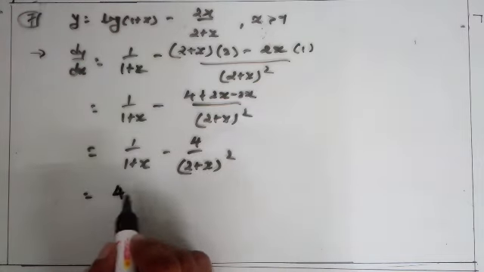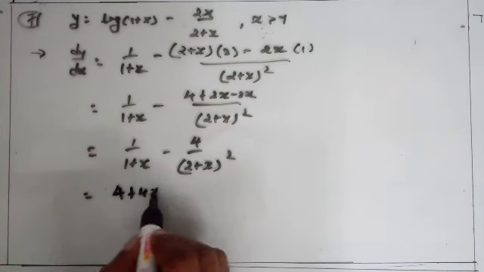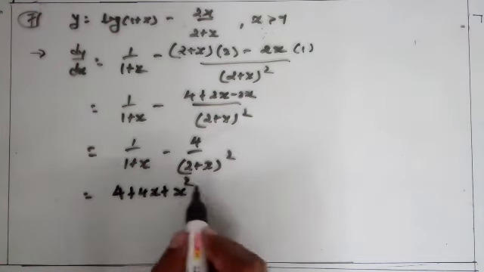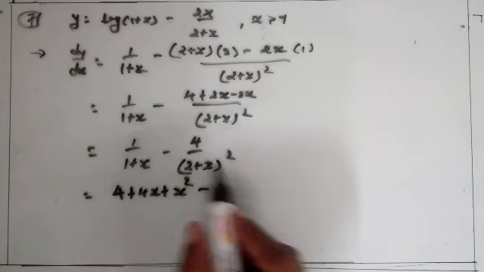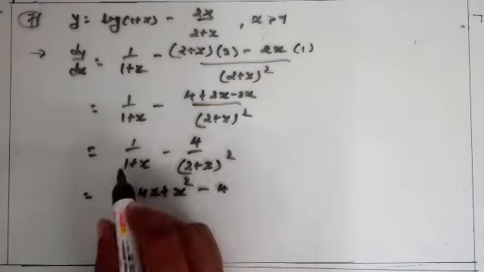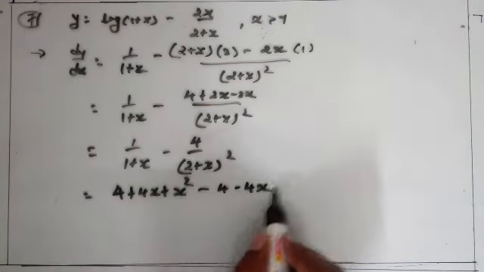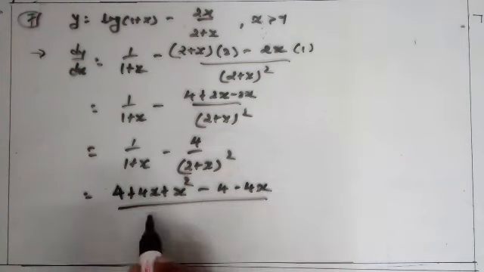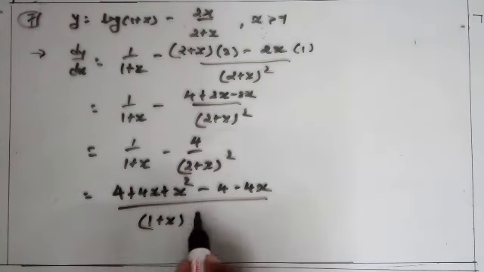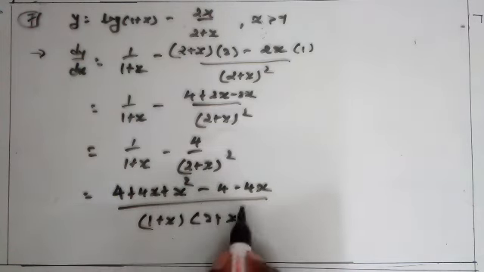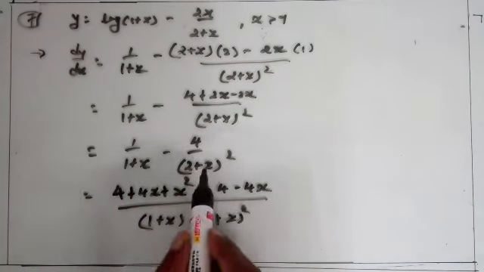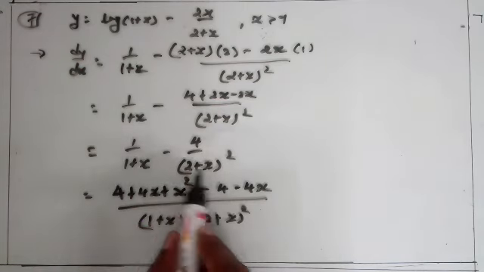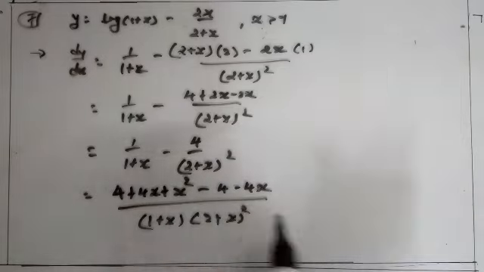Now simplify this. Expansion of (2 + x)² is 4 + 4x + x², minus 4 times these terms, so 4 + 4x + x² − 4 − 4x, clear, upon (1 + x)(2 + x)². Taking the LCM (1 + x)(2 + x)², we get these terms.